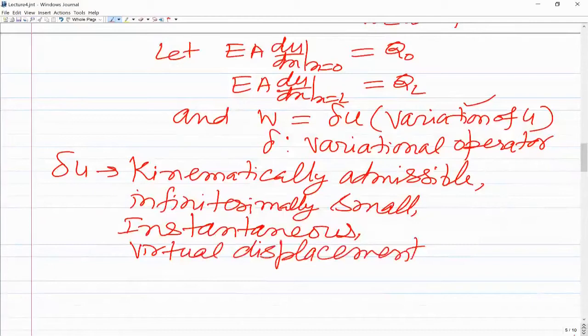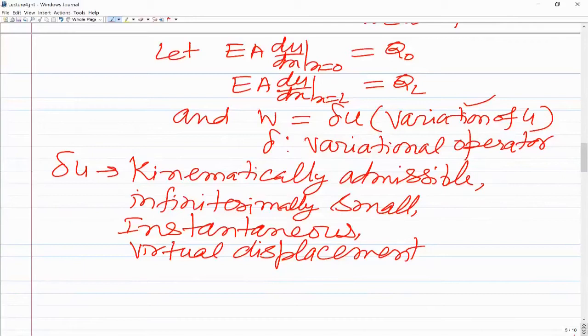So the variation of u is a virtual displacement which is kinematically admissible, infinitesimally small, and instantaneous. This is what the virtual displacement actually means.